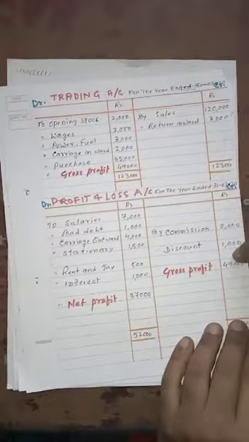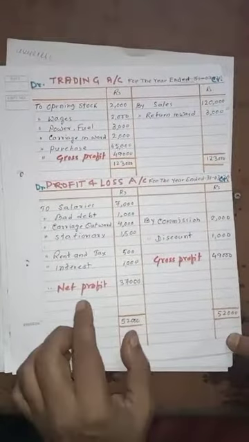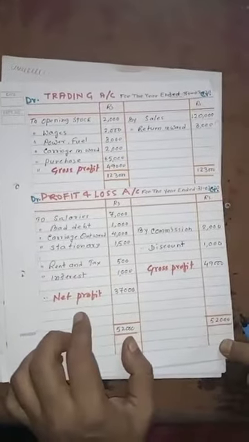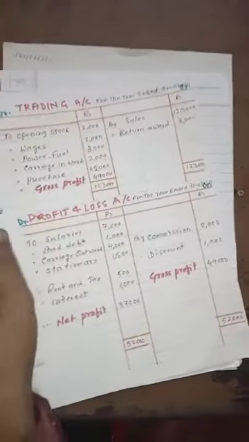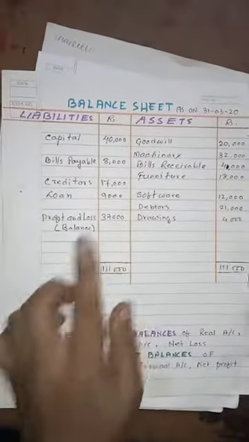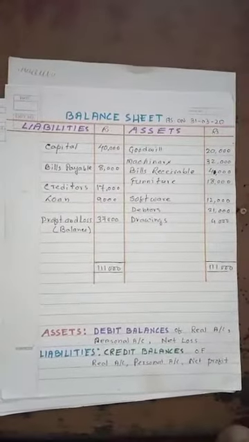After transferring gross profit from the trading account, then you balance the profit and loss account. You see the balance amount is 37,000 net profit. This balance will be transferred to the balance sheet. Profit and loss is transferred into the balance sheet. Clear? In this way you can prepare final account.